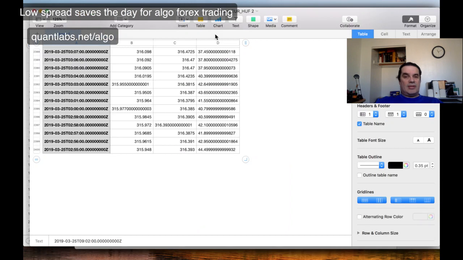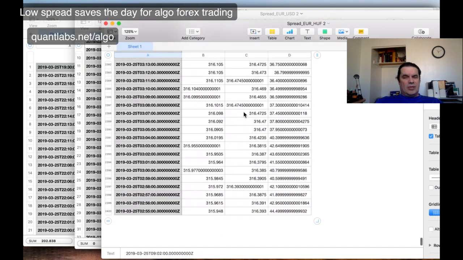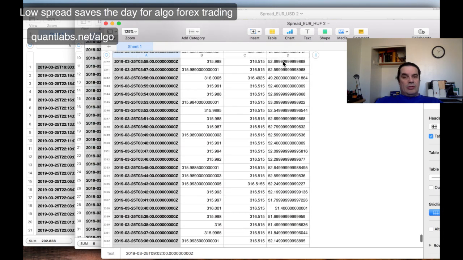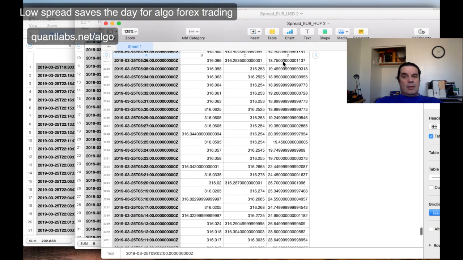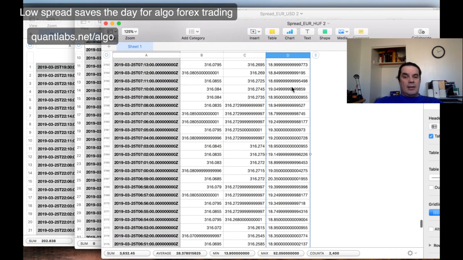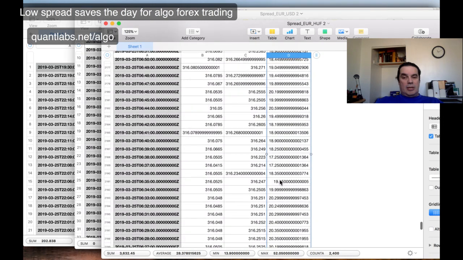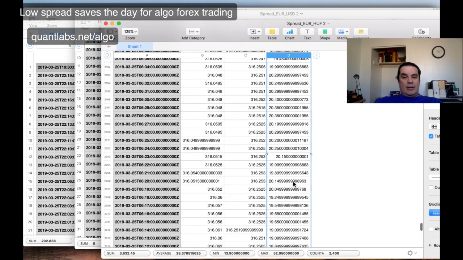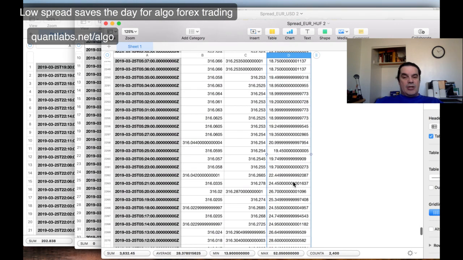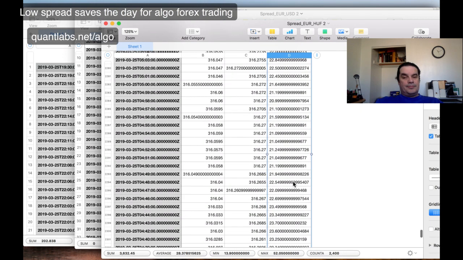So what I'm going to show you is yesterday, which this one was taken on a lot. Quite a number of positions were taken on for the Euro Huff. But again, when you look at the same data type, you can see here that the spread cost is pretty high. It does range from 18, 19, all the way up to 30, I think it was. This will still make your trades fairly unprofitable.